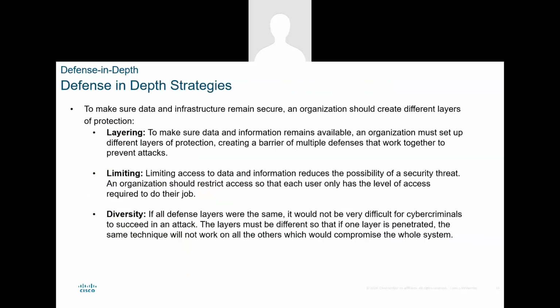Now, some defensive depth strategies include layering. So you want to make sure that you use multiple layers to prevent easy access. Limiting is restricting access based on roles. This does reduce the possibility of security threats. Diversity is using a variety of security measures to prevent cascading failures.